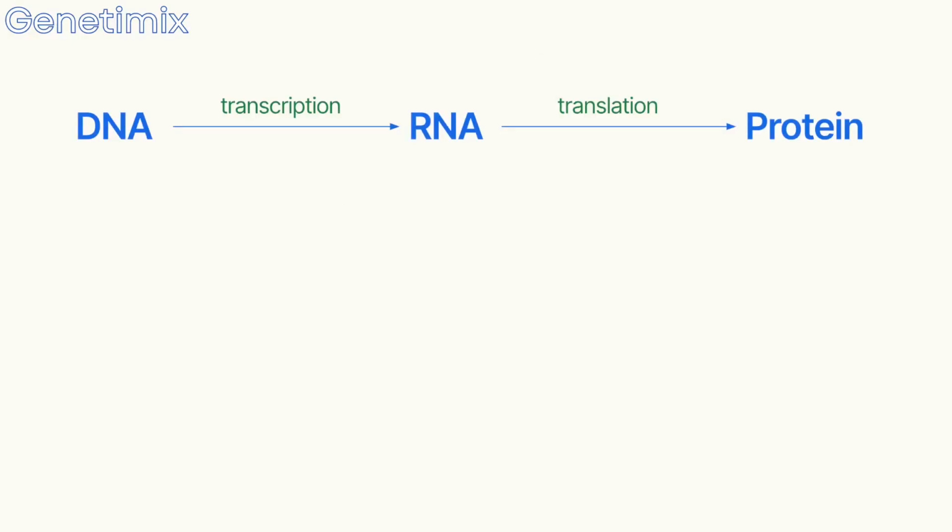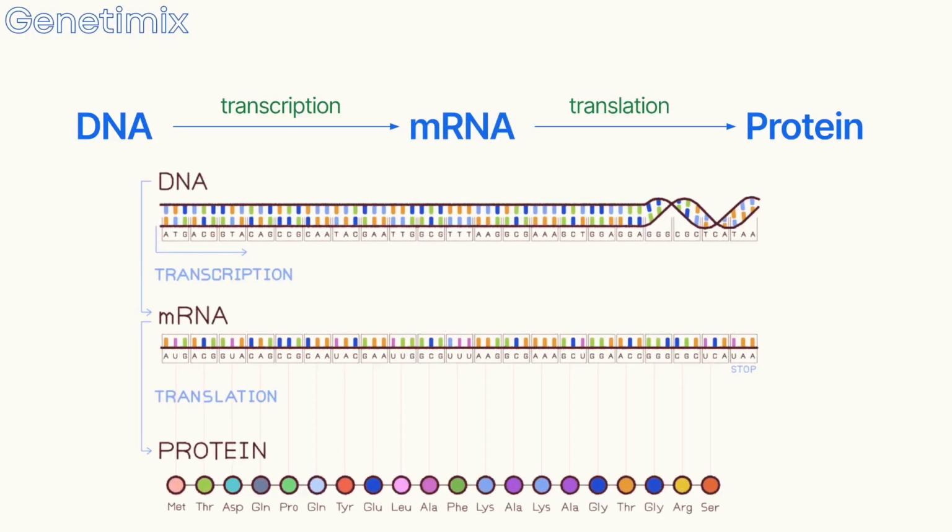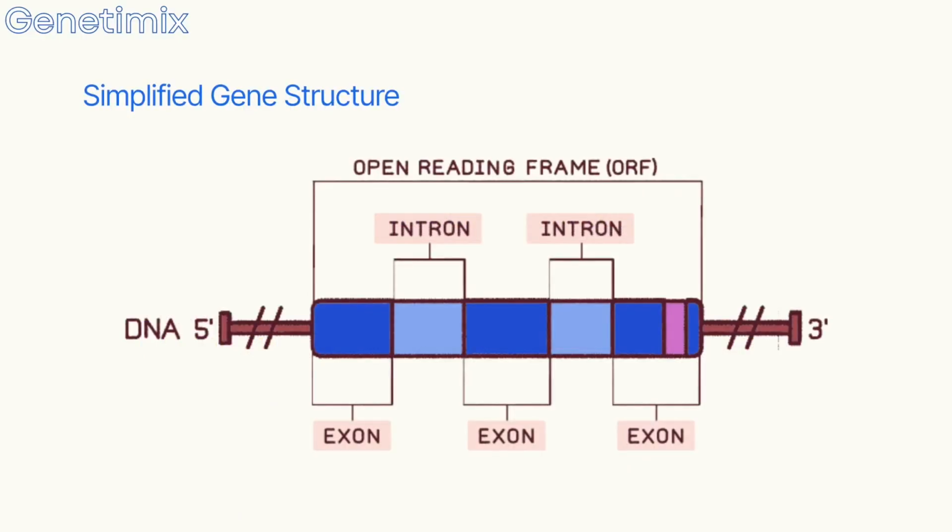When this RNA is a template for a protein, it's called mRNA, which is short for messenger RNA. Humans have around 30,000 genes. This particular illustration of a gene is again highly simplified. We will expand on this as we progress through this series.